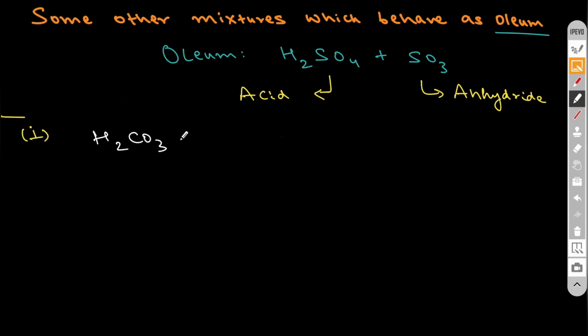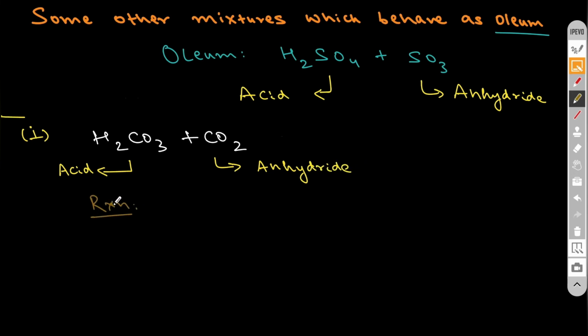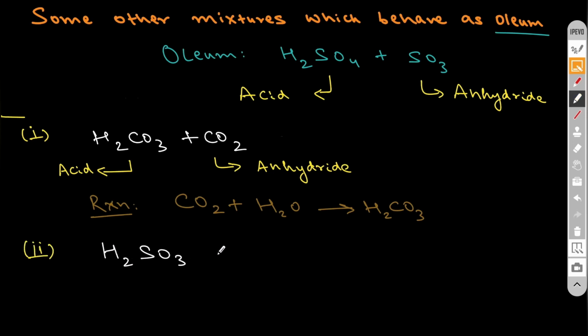Some other mixtures under this, we'll discuss the first mixture, which is H2CO3 plus CO2. Here H2CO3 is the acid and CO2 is the anhydride of the acid. So the reaction will simply be, on adding water to CO2, it will form H2CO3, which is carbonic acid basically. So this is the first mixture. Similarly, the second mixture which behaves as oleum is the mixture of H2SO3 and SO2.